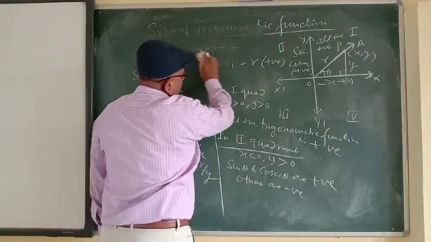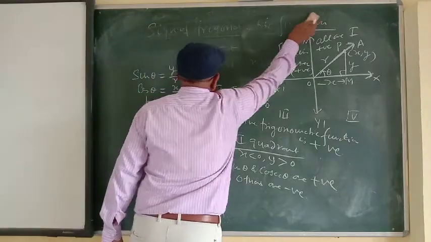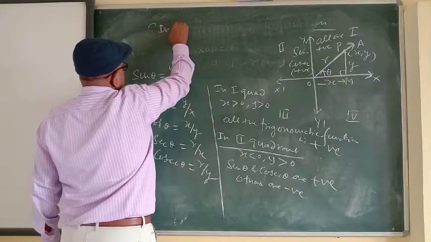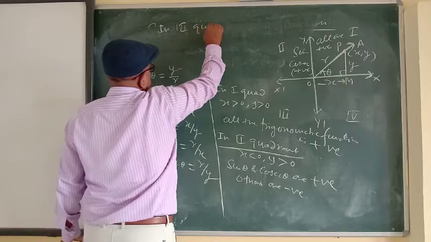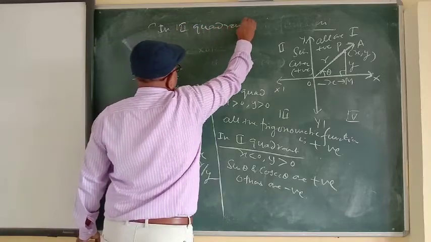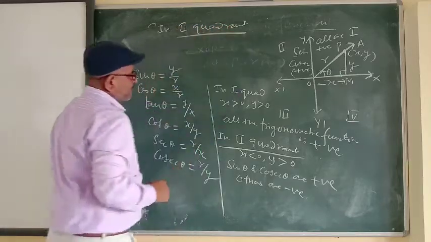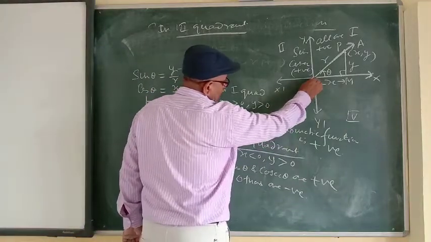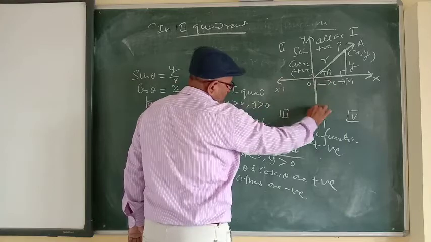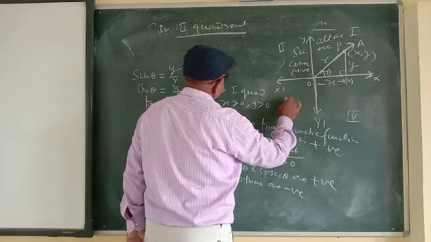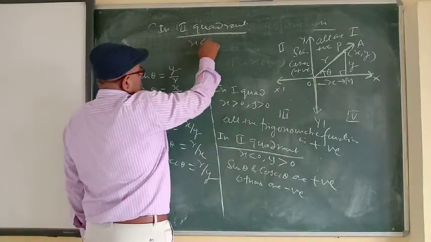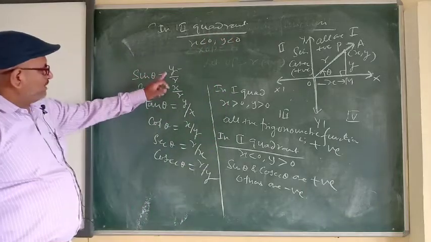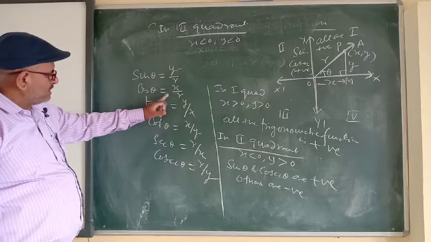What is the sign of the trigonometric functions in the third quadrant? This is the third quadrant. Here x is negative and y is also negative, both are minus minus. So x is less than 0, y is less than 0. Since y is less than 0, sin will be negative, cos negative.